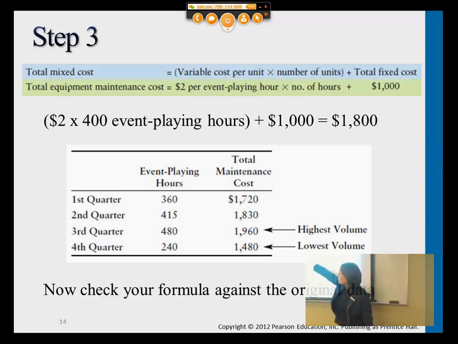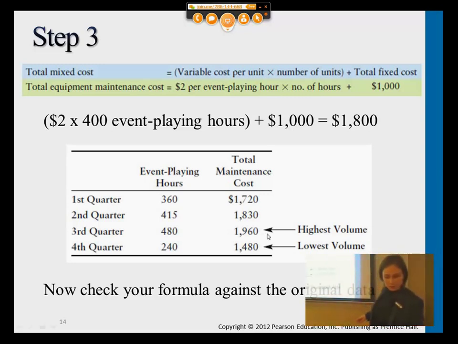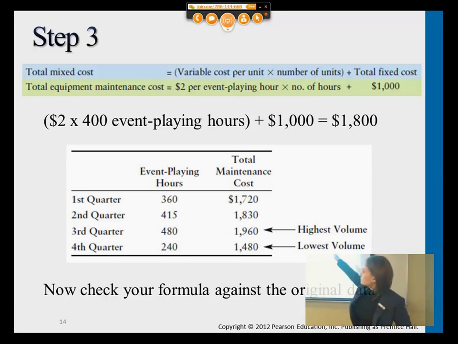We just used it to calculate $2, and we know how much our fixed cost is right now, right? So the mix is my $2 by 400 event plane hours. That's what I registered for this month, right? That's what I sold for the month. And then I have $1,000 of the fixed cost. So my $1,800 is what it's going to cost me altogether.